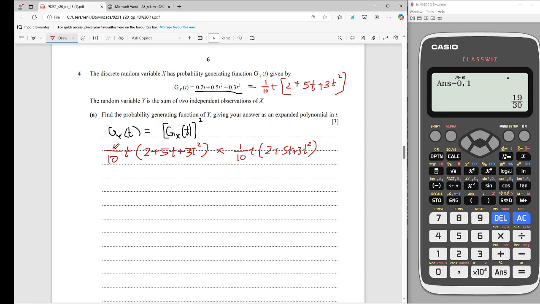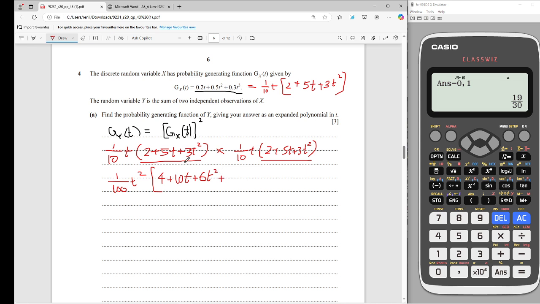We can multiply what's outside the bracket, which is 1 over 100 t squared, and inside we can use the FOIL method for these two. We need to multiply these two values here. So we get 2 times 2, which is 4. Then 2 times 5t, which is 10t. Then we get 6t squared.